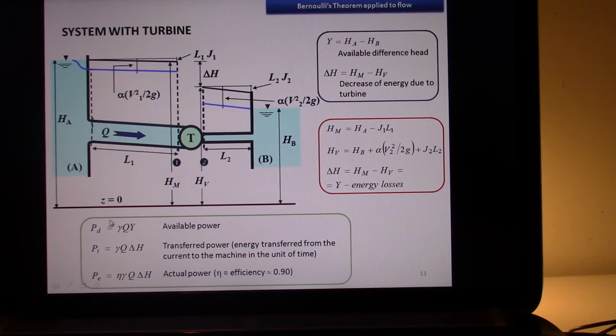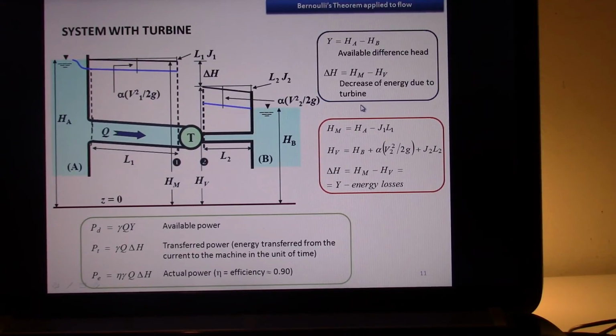So the available power of your flow is the specific weight of your flow times your volumetric discharge times Y, which is again the available difference from tank A to tank B. At the same time, the transfer power Pt is given by the product of the specific weight of your flow times Q times delta H, which is again the decrease of energy due to the turbine.